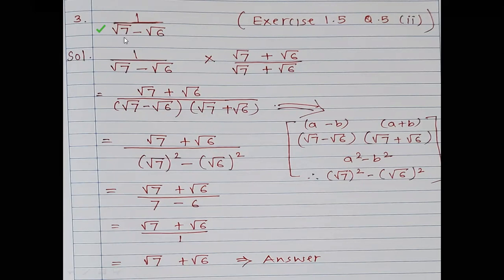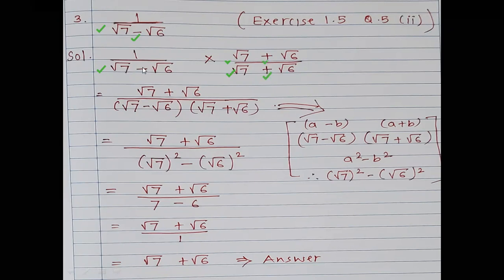It is root 7 minus root 6. So in such cases, what is done to get a rational denominator is, whatever the denominator is, here the denominator is root 7 minus root 6, the same denominator is multiplied in the numerator as well as in the denominator, but with a change in sign.